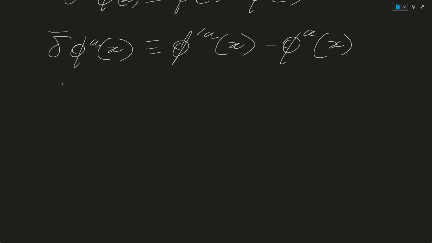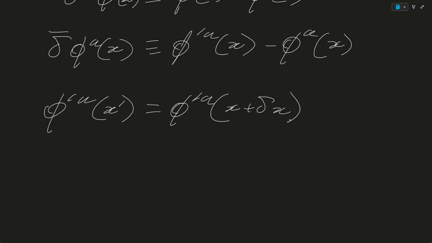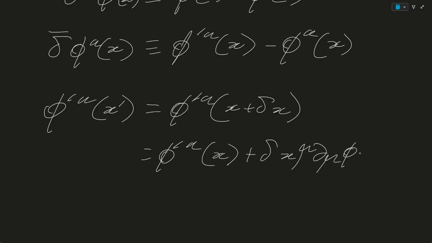Well, we'll start off by expanding our phi dash a that takes x dash. So phi dash a that takes parameter x dash, and this is going to be phi dash a of x plus delta x, which is phi dash a of x plus delta x to the mu, and then the mu derivative of phi dash a plus our O terms, delta x squared, which are of course very important, and I care so much about them.